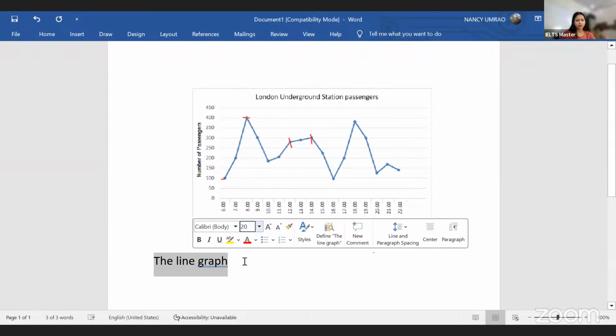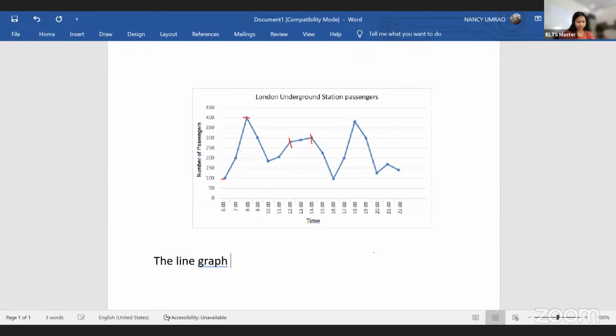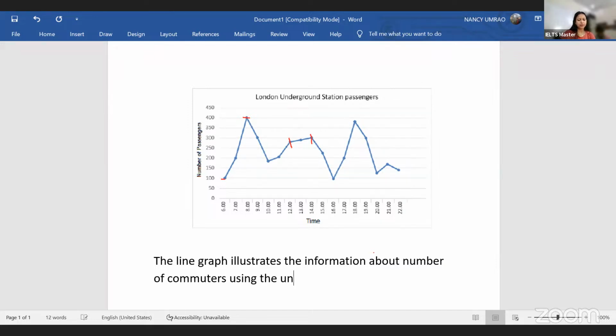illustrates the information about number of commuters, travelers, we also call it as passengers, we call commuters, we also say, right? Number of commuters using the underground station in London.